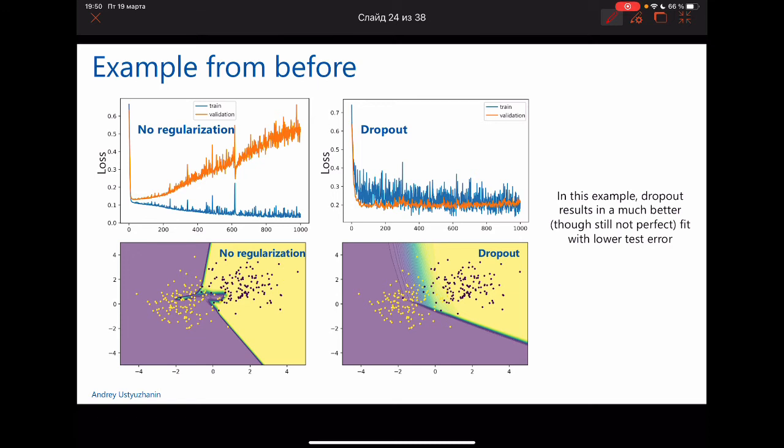In this figure we have regular training, and if we add dropout, we get something like this. Or for a two-dimensional classification problem: without dropout, you see clear overfitting patterns, and with dropout, there are no such peculiar zones.